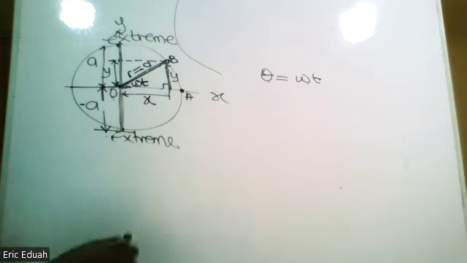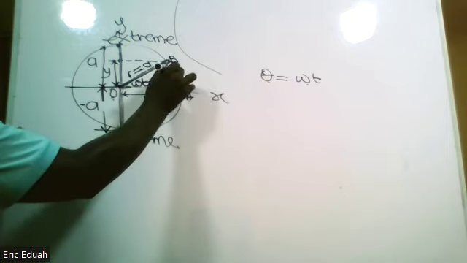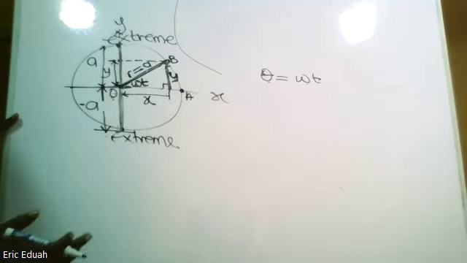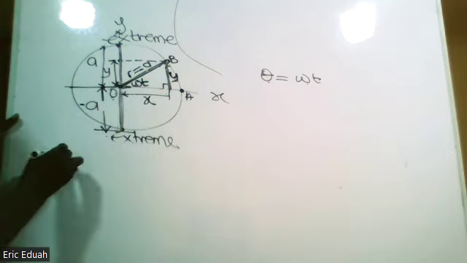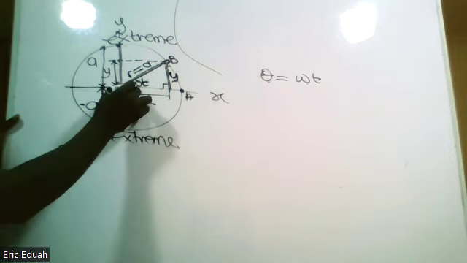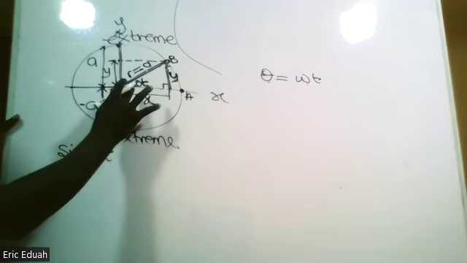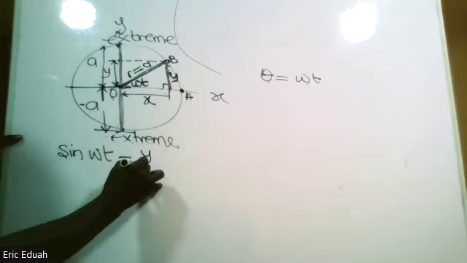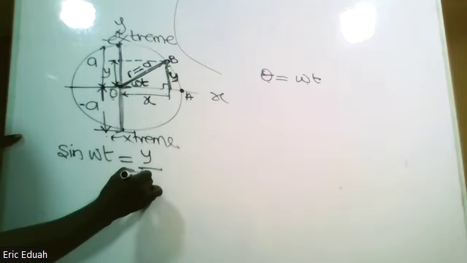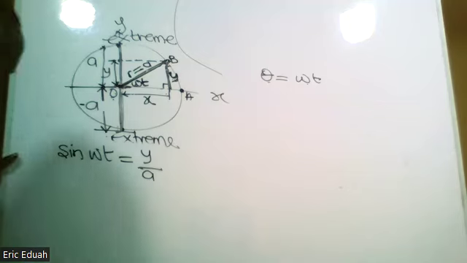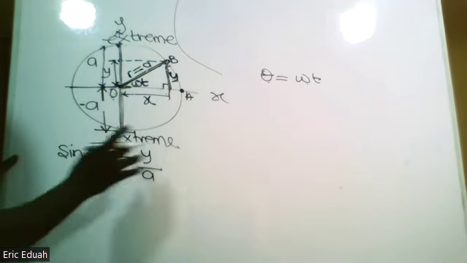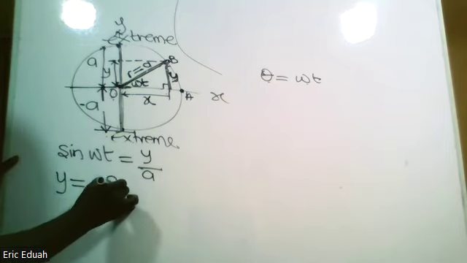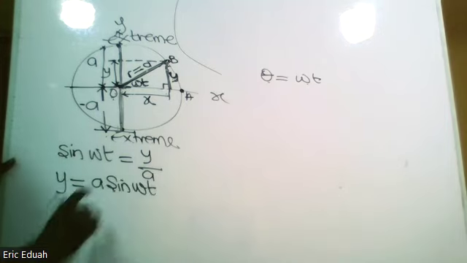Now, if R is equal to A, I want to get an equation for the displacement Y of the body in terms of time. When I take sine of omega t, sine omega t is equal to the opposite, y, over the hypotenuse, which is either A or R. When I make y the subject, I have y = A sin omega t.